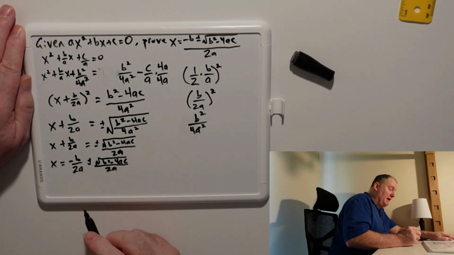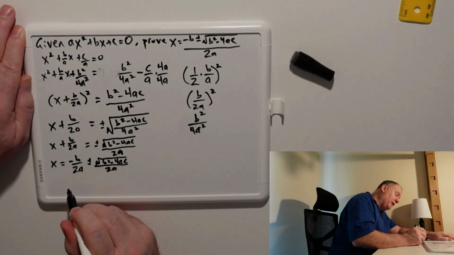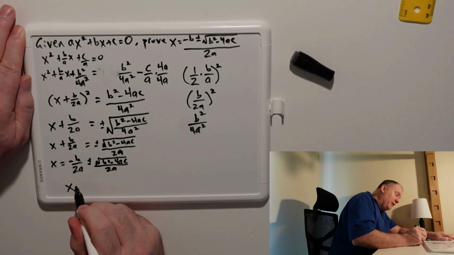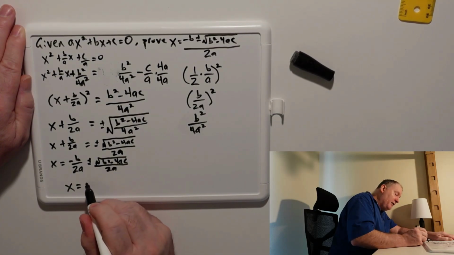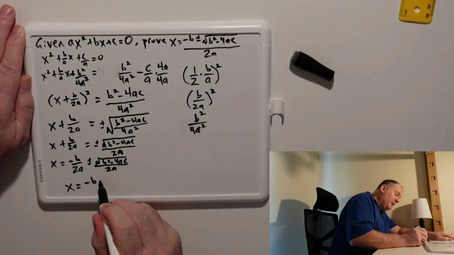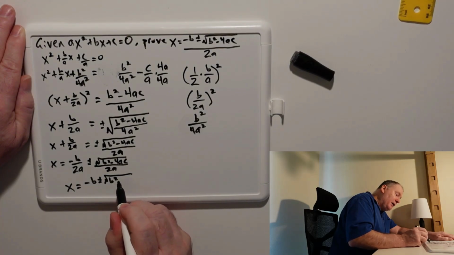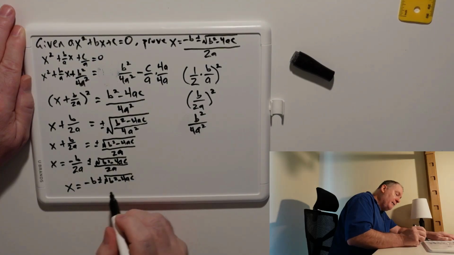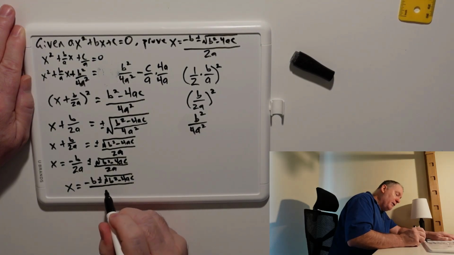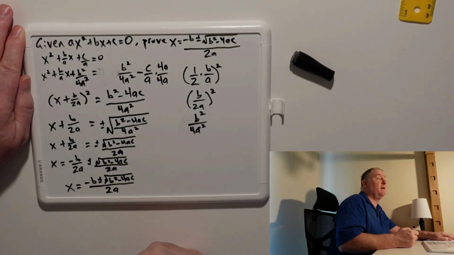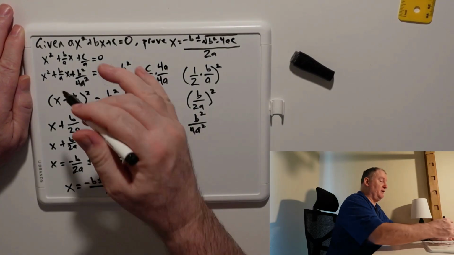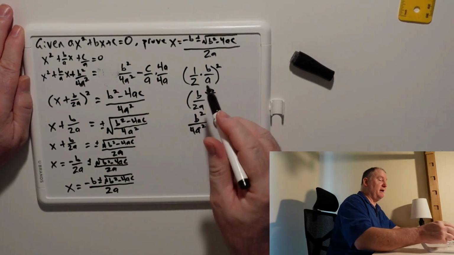And these have common denominators, so we can put them together. So the numerator is going to be negative b plus or minus the square root of b squared minus 4ac all over 2a. So there you have it in a single stretch, my little scratch work.